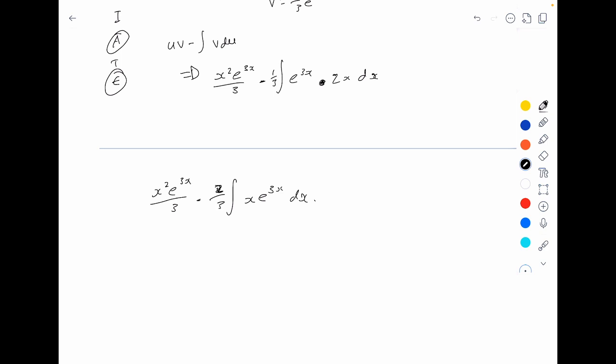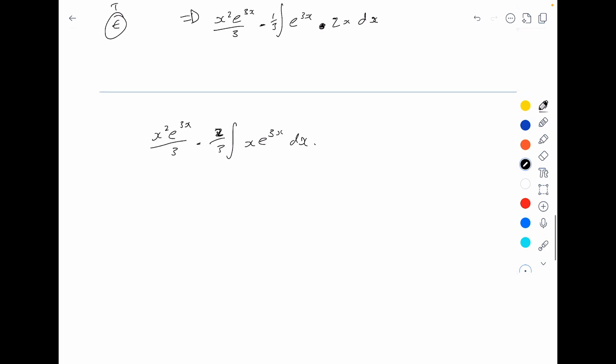Now from here we're going to say, right, focusing in on this, let u equal x, so du is equal to dx, let dv over dx equal e to the 3x. Okay, which means that therefore dv is equal to e to the 3x dx, and v is equal to, again, a third e to the 3x.